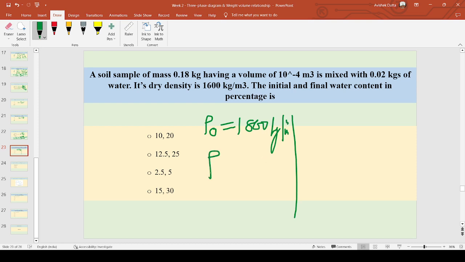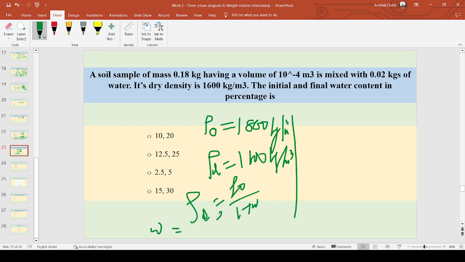And we have dry density equal to how much? 1600, given. Now I have told you the formula. Dry density or dry unit weight equals bulk density by 1 plus w. So w equals bulk unit weight divided by dry unit weight, or dry density, minus 1.